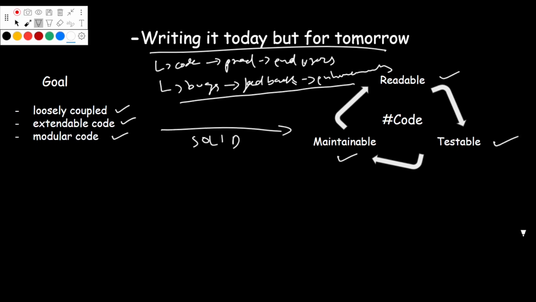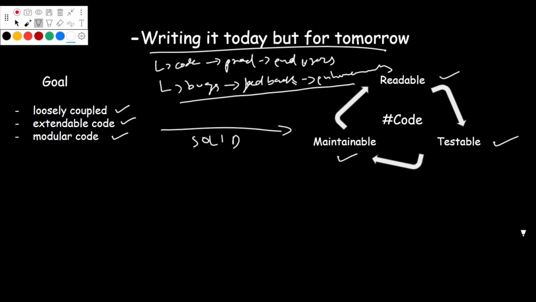So what does loosely coupled, extendable or modular code mean? In an enterprise application, it is much more than the code which you write in an interview. Your piece of code will be communicating with various modules within an application, or it is also possible that your application is talking with other applications which are available in the enterprise.